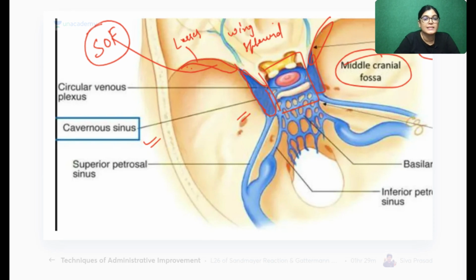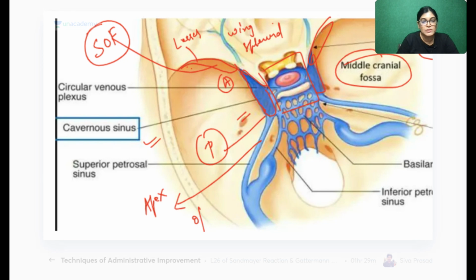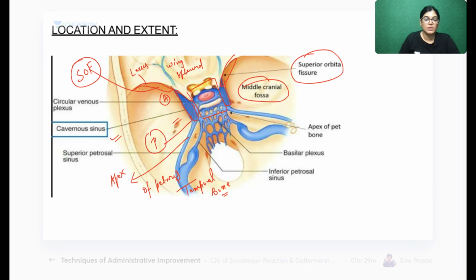A is for anterior and P is for posterior. Posteriorly it is extending to the apex of the petrous temporal bone.